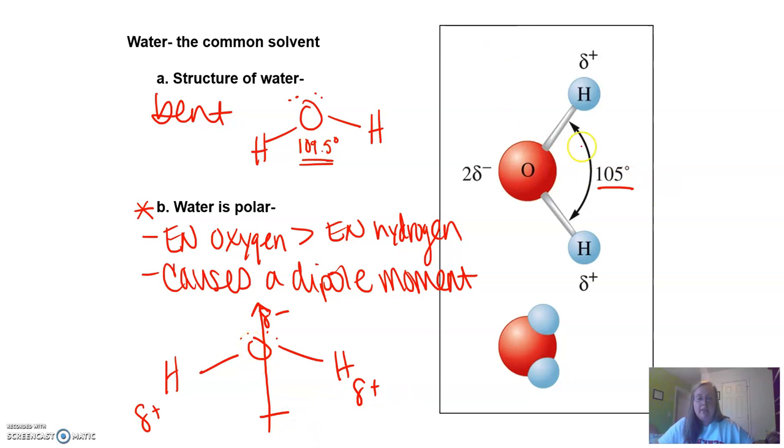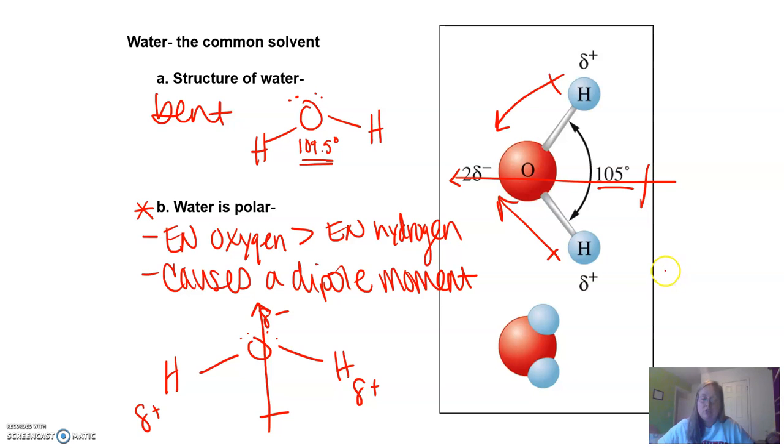Now, you could draw the individual bonds, so I could draw one dipole moment going here and one dipole moment going here if we're talking about each of the individual bonds, but we often just look at the net dipole moment, and so these two dipole moments often are going to be drawn converged together as one net dipole moment. Now, we will be going into much more detail about dipole moments and why they're important, what they're used for in Unit 11 when we talk about chemical bonding.